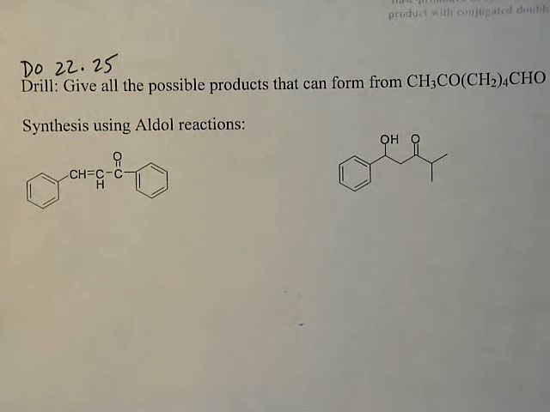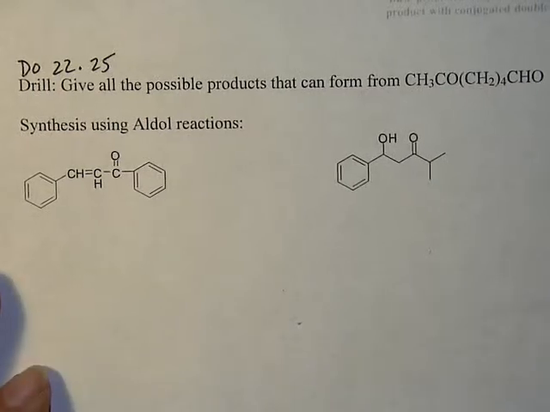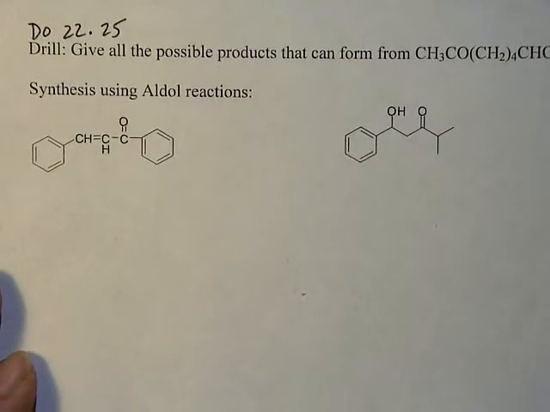All right. So in doing synthesis, one of the first things that you have to do is be able to recognize the functional group and ask yourself what reaction would I use to form these products.